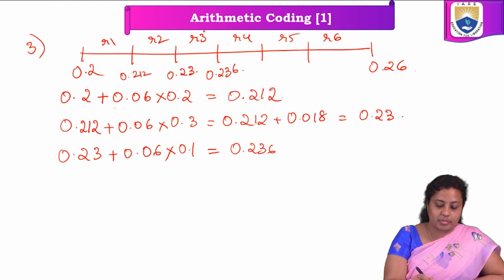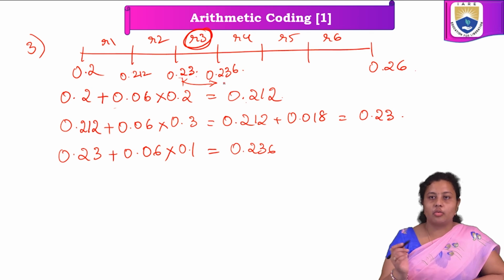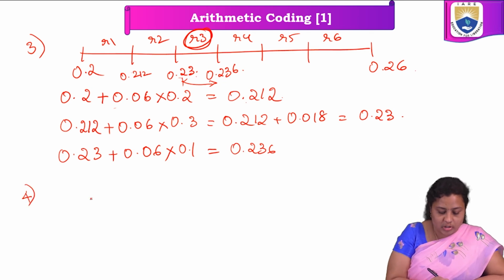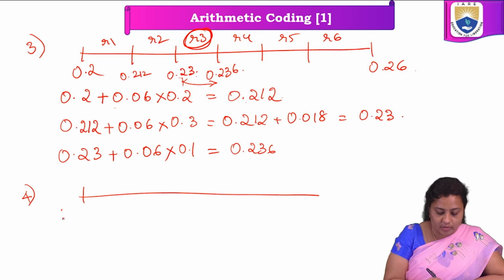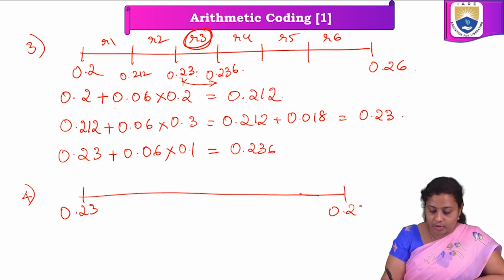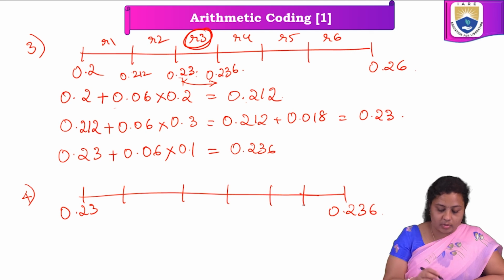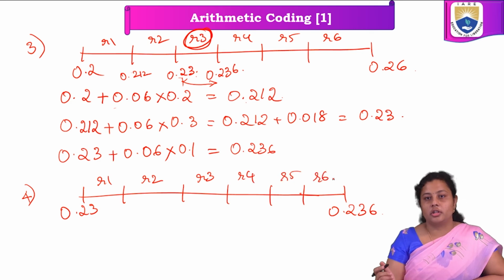I have to consider this range as R3, because the value lies between 0.23 and 0.236. So my fourth stage I'm considering here, with the range 0.23 to 0.236, subdivided into R1, R2, R3, R4, R5 and R6.